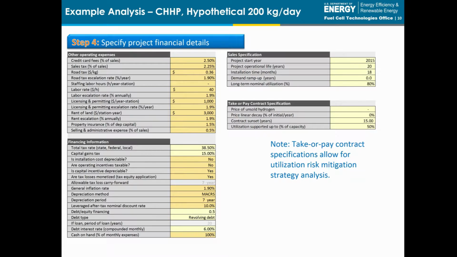Step 4, the user would go through the financial assumptions, such as if you're retail, do you have credit card fees? Is there sales tax, road tax? You would look at other fixed operating costs, such as rent of land, licensing and permitting, etc., as well as other details on the financing. What is the tax rate?